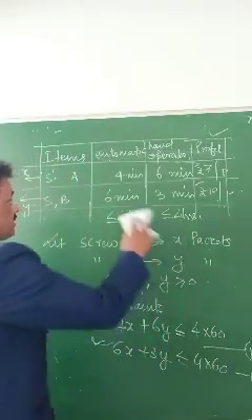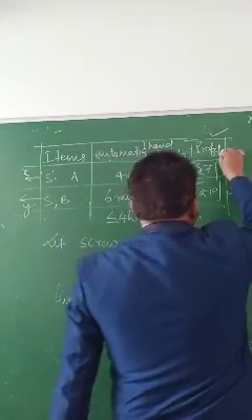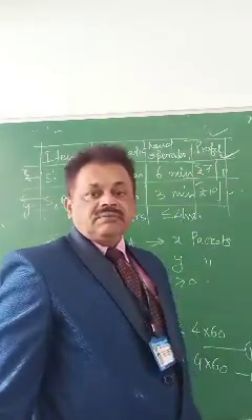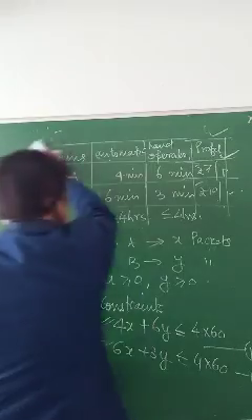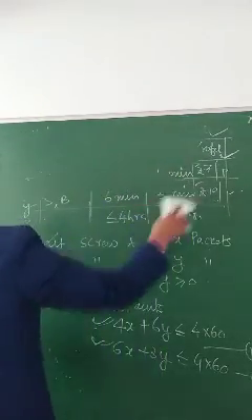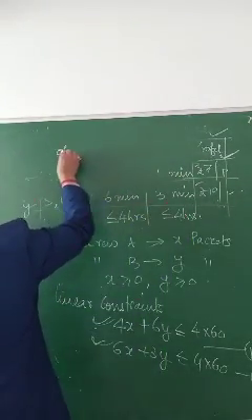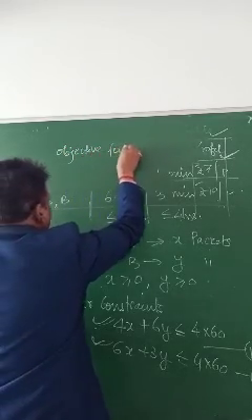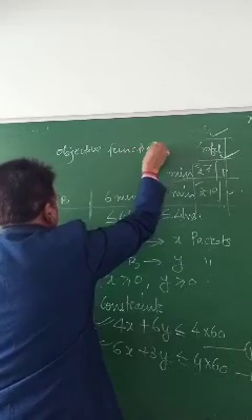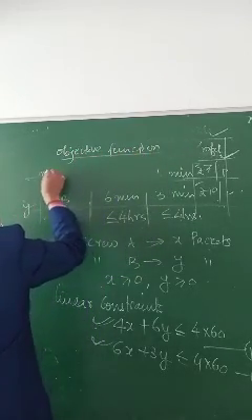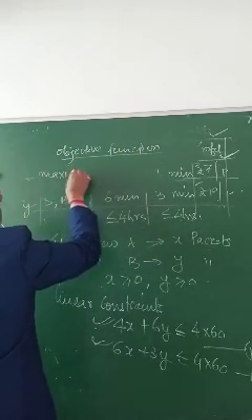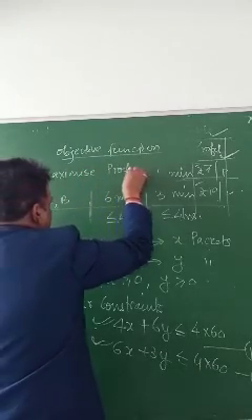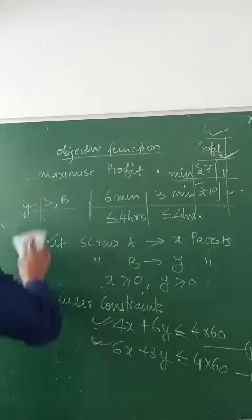Then what is the objective function? Maximize the profit. The objective function is maximized or minimized. So Z will be the objective function: maximize profit.